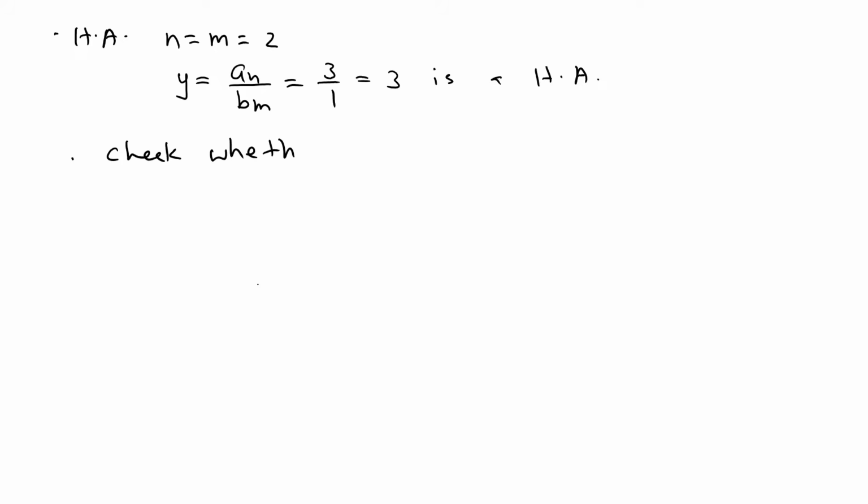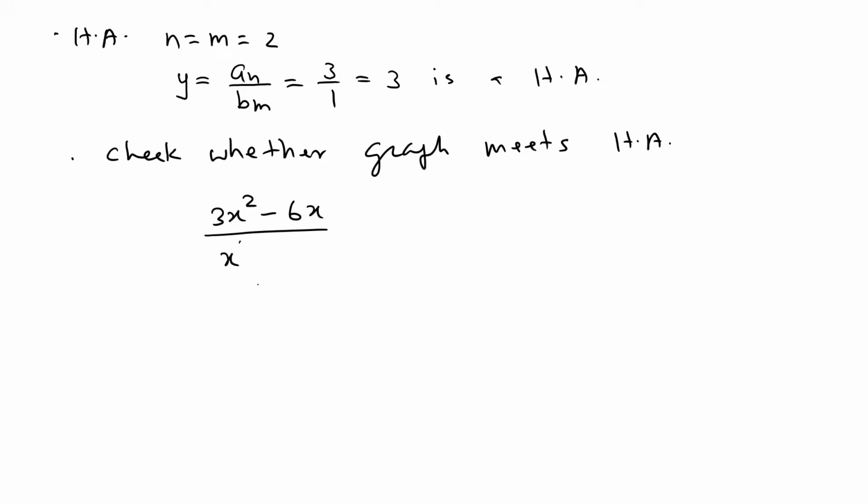So check whether the graph crosses, or you can say meets, the horizontal asymptote. For that, we can set them equal. So we have (3x squared minus 6x) over (x squared plus x minus 6), and we set this equal to 3. If you cross multiply, you get 3x squared minus 6x on one side, and from the other side you get 3x squared plus 3x minus 18.